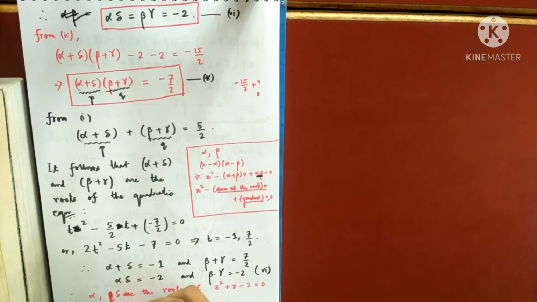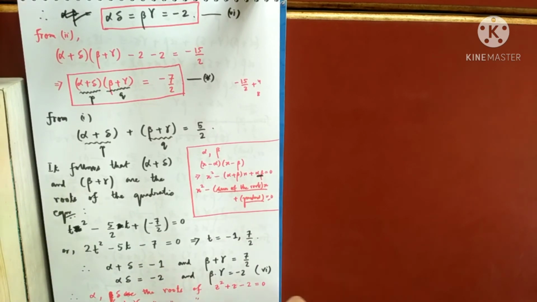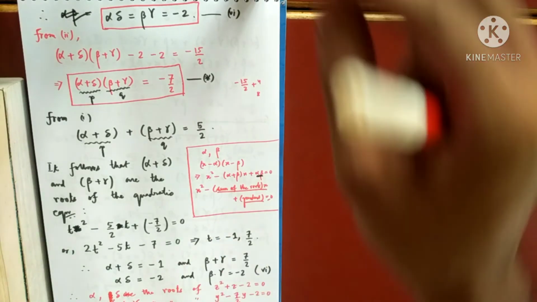And beta and gamma are the roots of the quadratic, suppose I am taking, y square minus 7 by 2 y minus 2 equals 0. Understood? How did I make this conclusion? The same conclusion.